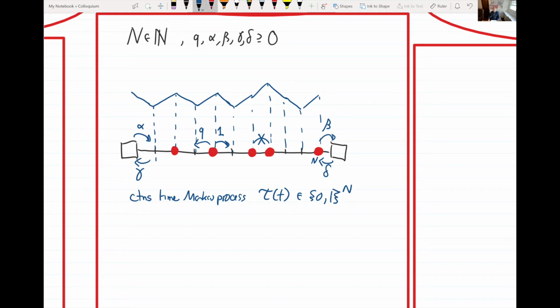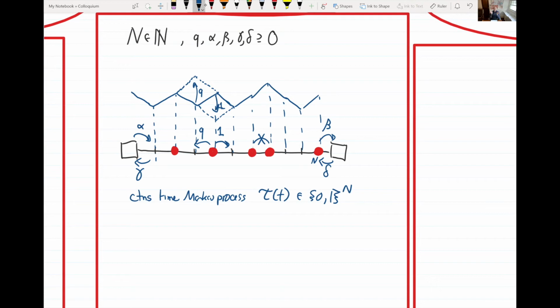Now the jumps that you would try to make correspond to changes in the height function. For instance, this minimum can turn into a maximum, and it does that at rate q. That corresponds to the particle jumping left. Likewise, the maximum here could also decrease into a minimum, and that happens at rate 1.